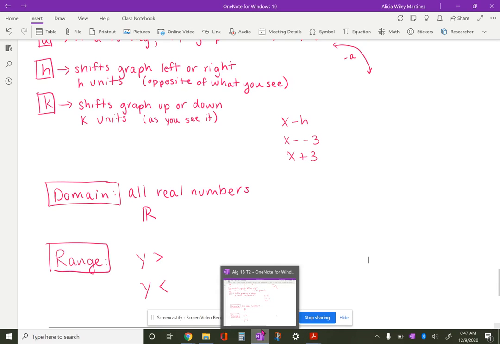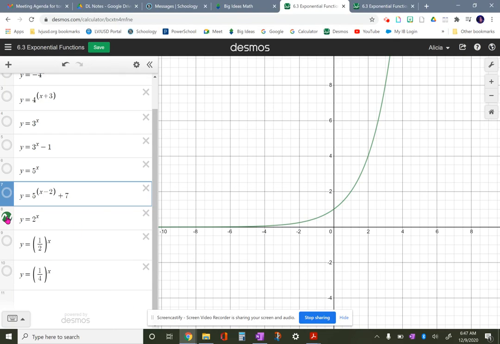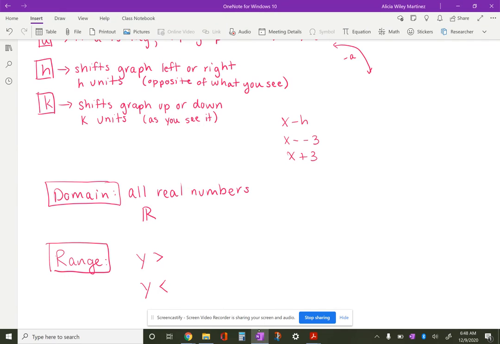What I'm often looking at is how my graph has shifted up or down. So with something like this one, it would be y greater than 0. For something like this one, it would be y greater than 7. For something like this, it would be y greater than -1. So what you can see is that the range is closely related to the value of k. The value of k helps you to figure out the range.